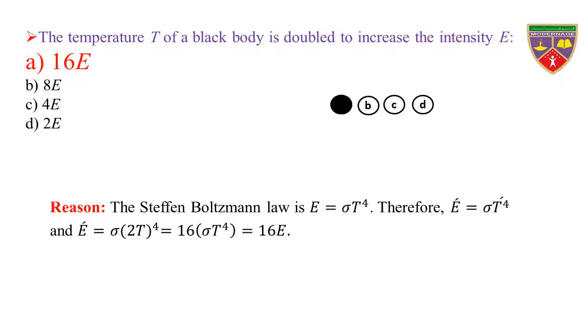Therefore, E prime is equal to sigma T prime power 4, and E prime is equal to sigma into 2T all power 4, because the temperature is doubled, which is equal to 16 into sigma T power 4, because 2 power 4 is equal to 16, which is equal to 16 times E, because E is equal to sigma T power 4. Hence, the intensity increases from E to 16E.